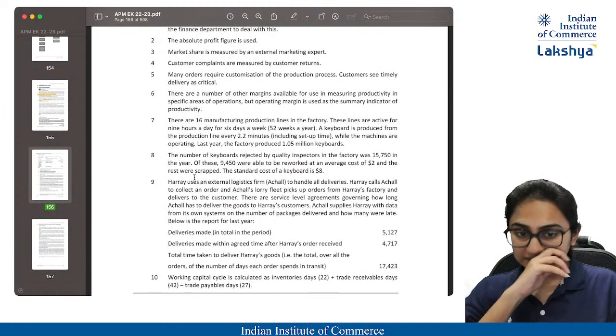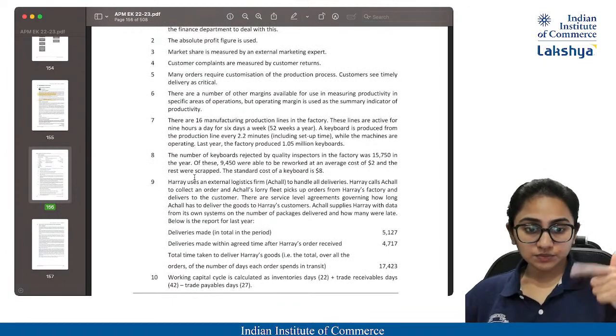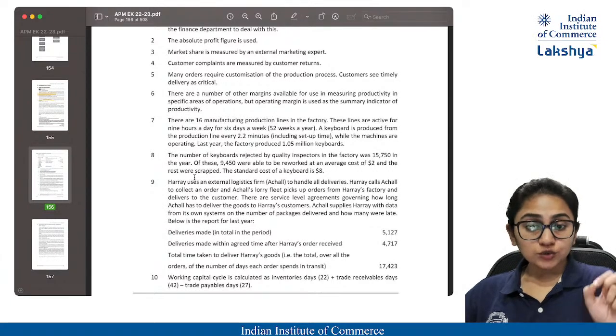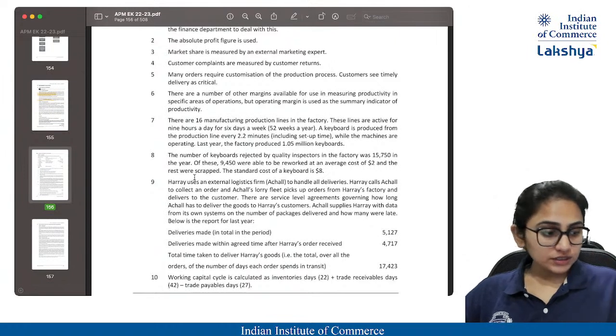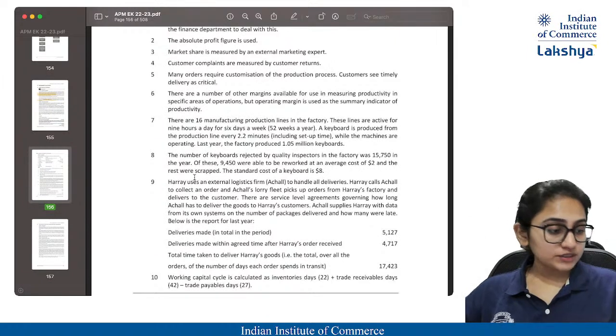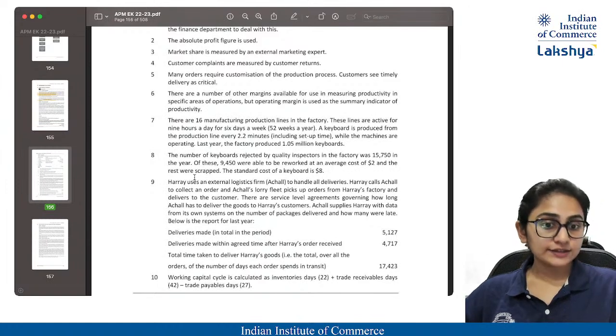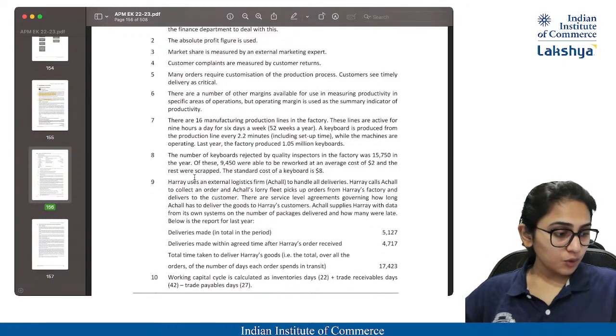Working capital cycle is calculated as inventory days plus receivable days less payable days. So for cycle time, you have to make sure that the cycle time is proper and appropriate. To deliver all the products, we are taking 17,423 days and the total goods are 5,127.